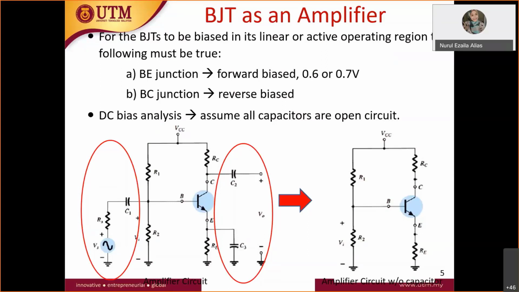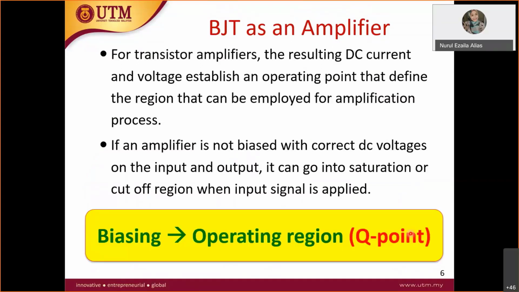From this circuit, you want to simplify it to get all the current parameters: IC, IB, and IE. Biasing means that, same as the diode, it must be at the Q point, in the active region. Here also there is a Q point in the active region.